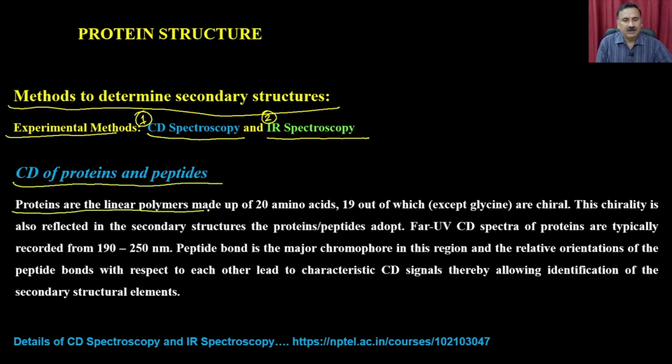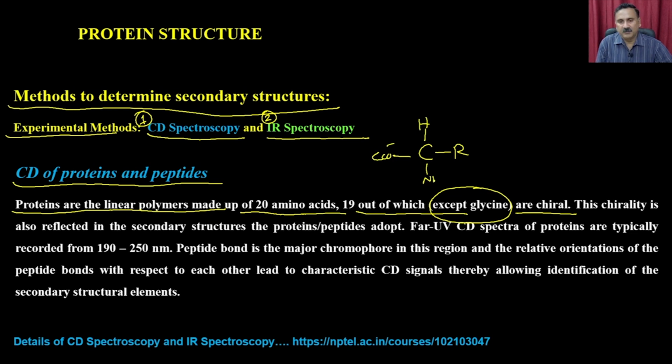Proteins are linear polymers made up of 20 amino acids, 19 of which, except glycine, because glycine does not have a side chain, are chiral, right? You know that in an amino acid structure you have four groups, the carboxyl group and the amino group, right?